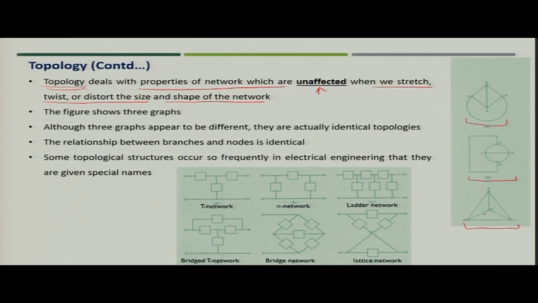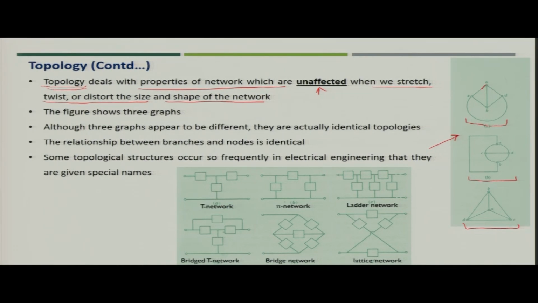Now, if you see all these three, at first look it looks like all three are different, but eventually all the three circuits are the same. Why? Because the connectivity information in all the three topologies is the same.